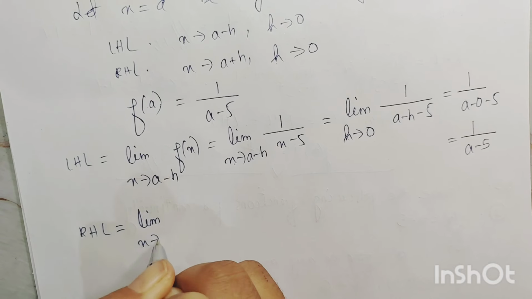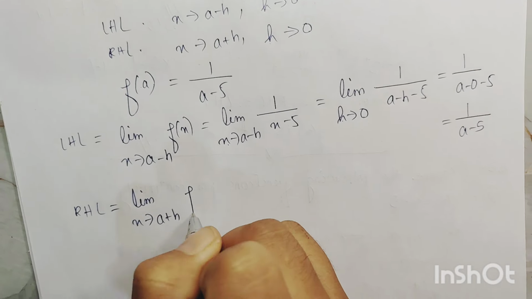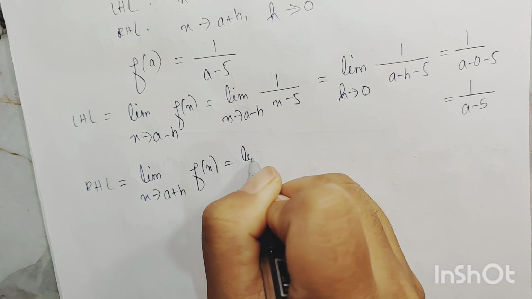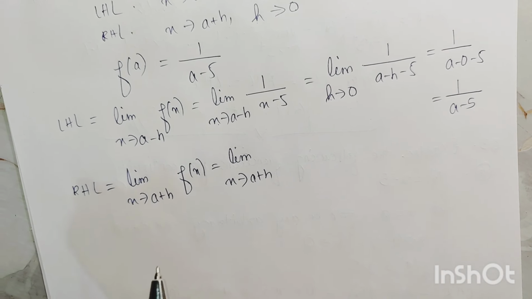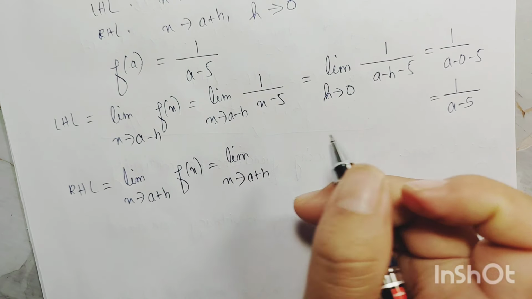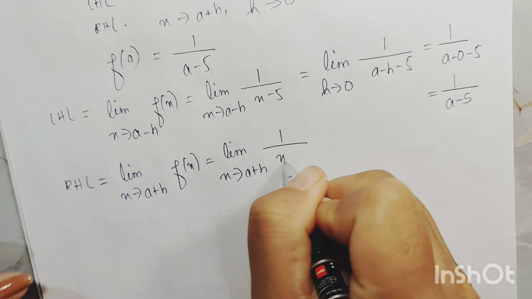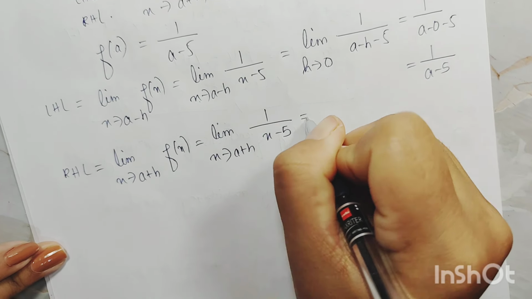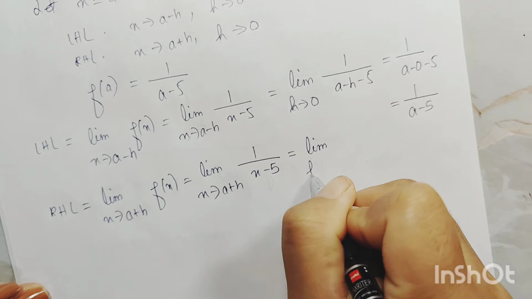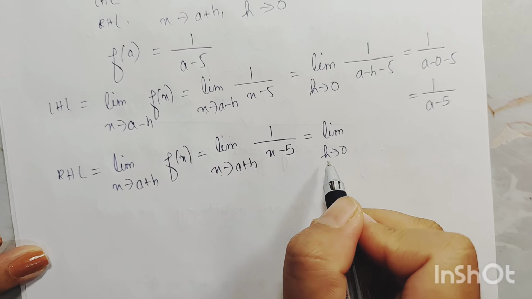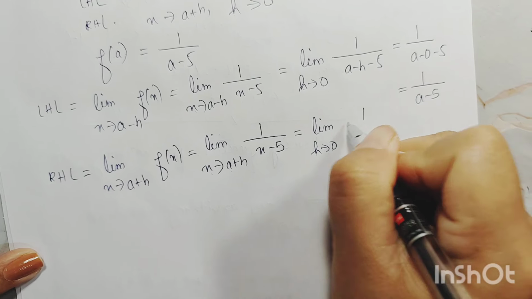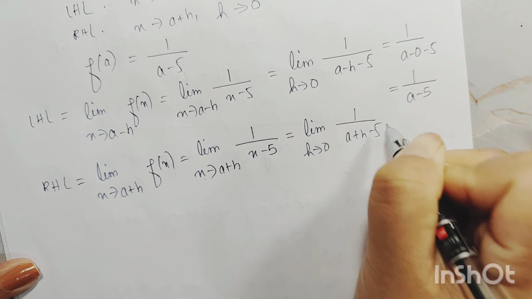Limit of x tending to a plus h of f of x equals the limit of x tending to a plus h of 1 by x minus 5, which is the limit of h tending to 0 with x value a plus h, giving 1 by a plus h minus 5.